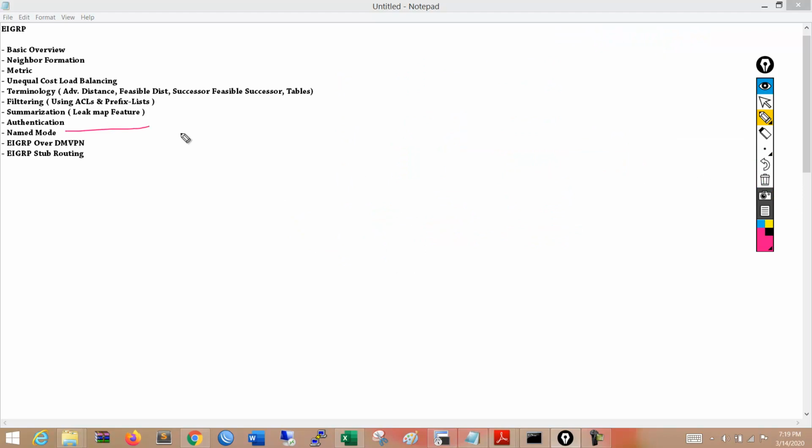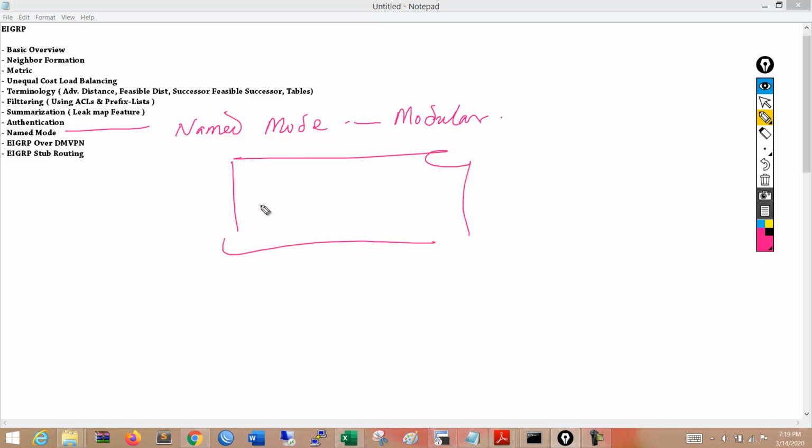Named mode is simply the same EIGRP, but much more modular in configuration. Instead of having a scattered configuration, in named mode everything is modular.